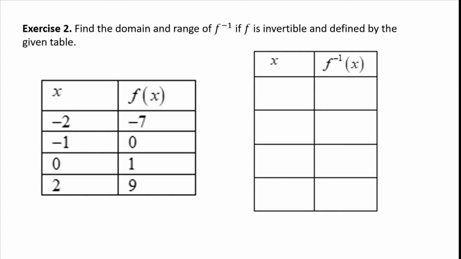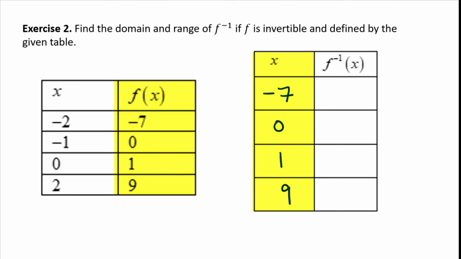In order to find the domain and range of the inverse, we switch the x and y values. So let's consider the second table for us to complete, the table of values for the inverse function. Everything in the x column for the inverse is going to be what f of x was. So we'll put -7, 0, 1, and 9.